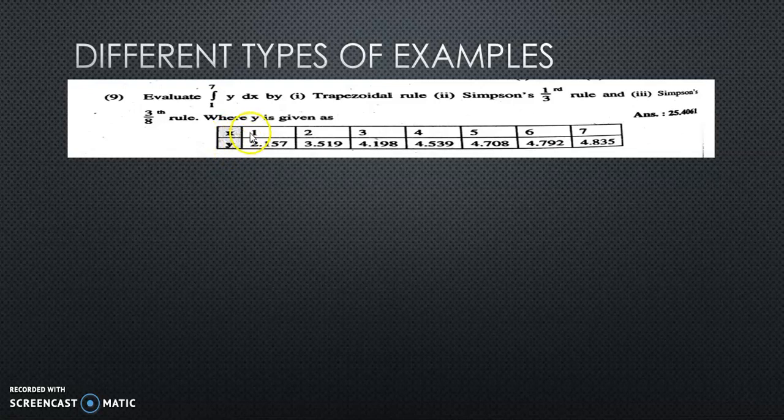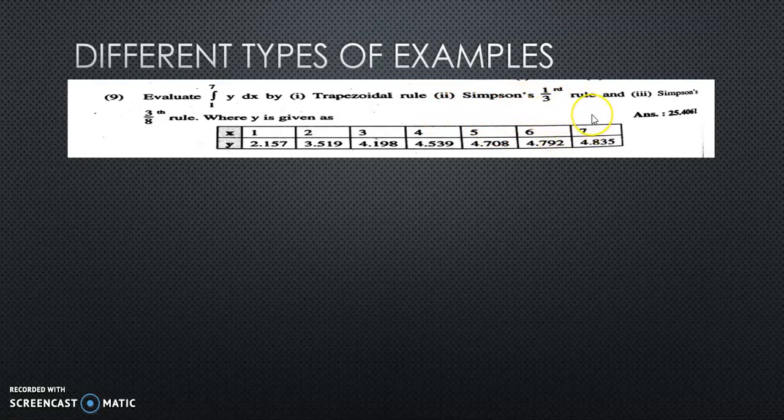So what are these values? This is x0, this is x1, this is x2, x3, x4, x5 and x6. The intervals are 1 to 2, that is first, 2 to 3, 3 to 4, 4 to 5, 5 to 6 and 6 to 7.